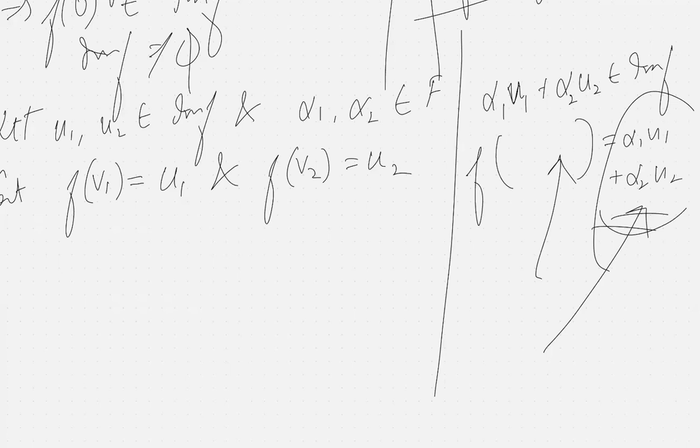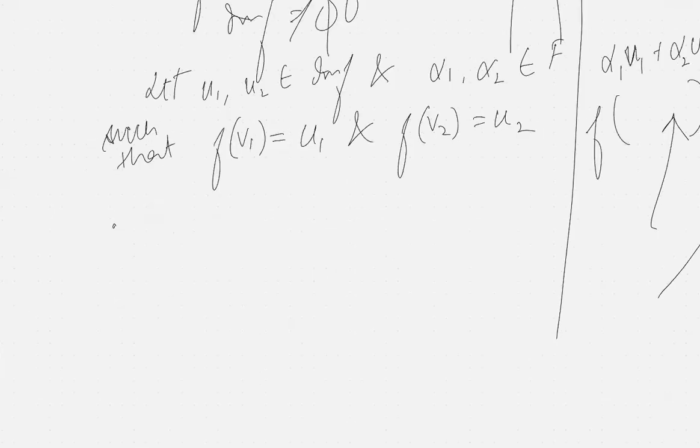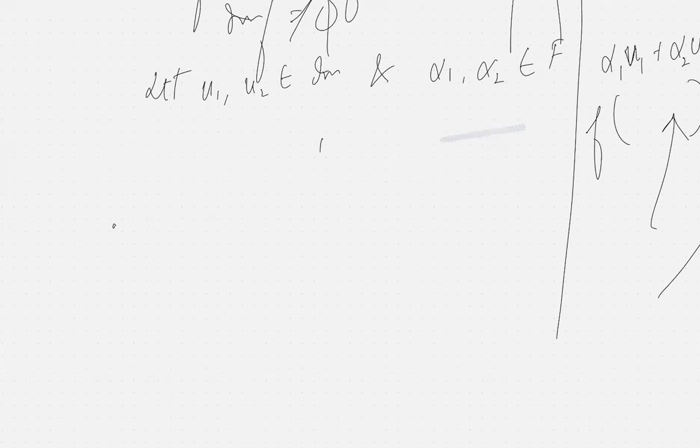Now, one more thing, a bit of modification. We took two elements belonging to image f, and two elements belonging to capital F, that is the field. We didn't write what V1 and V2 are. Whenever we take two elements belonging to this image, they are the maps of some elements, which means there exist their pre-images also.